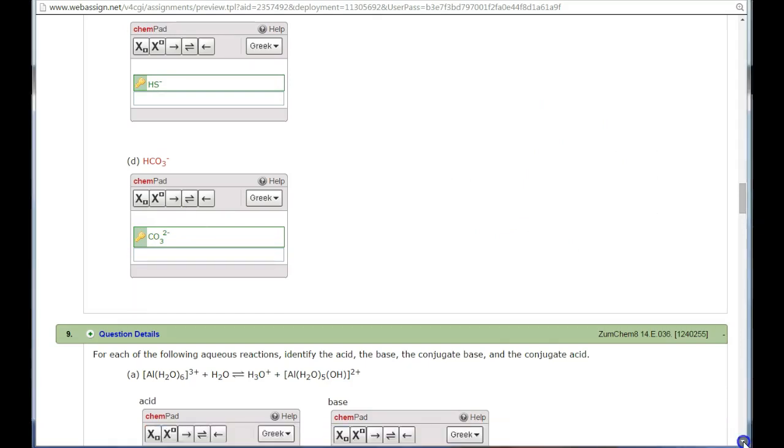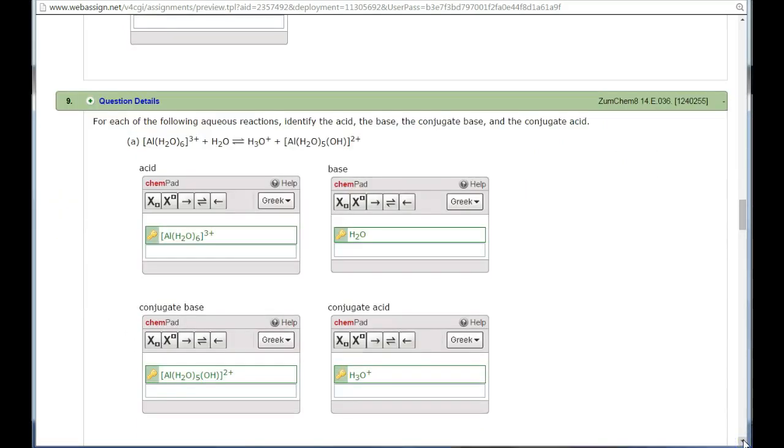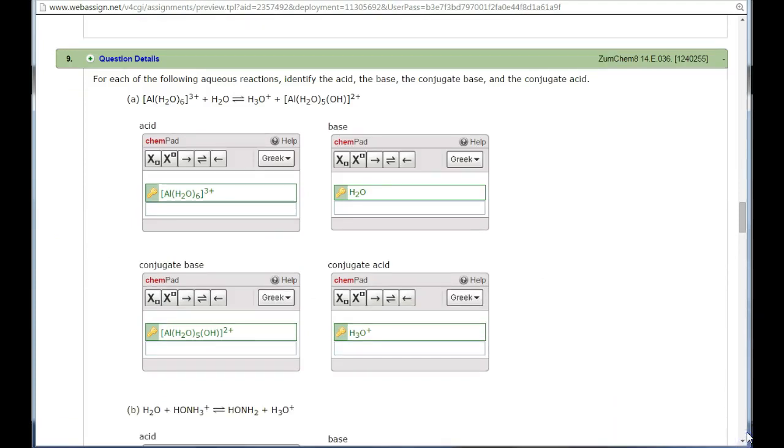The next one: For each of the following aqueous reactions, identify the acid, base, the conjugate base, and the conjugate acid. So let's review here. In an equation, if we have doodle plus dawdle makes skippity-nap plus plippity-plap, we have four lovely things.